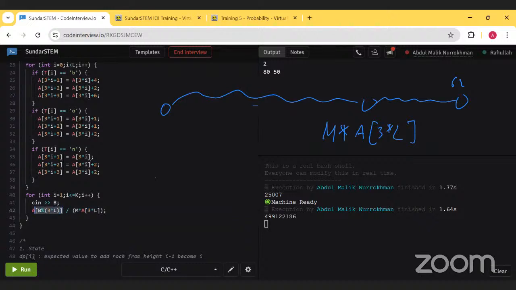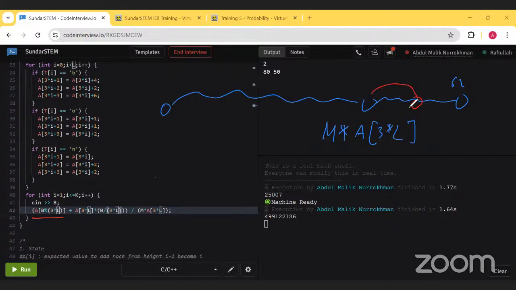I think we also have to plus it with A times 3L multiplied by B divided by 3 times L. So if we are in the second group here, the node is like this, the modulo.